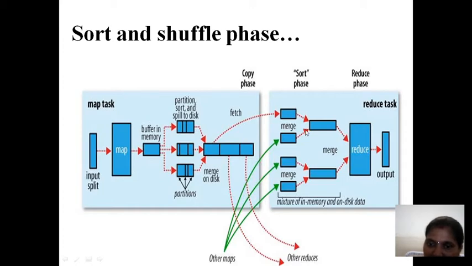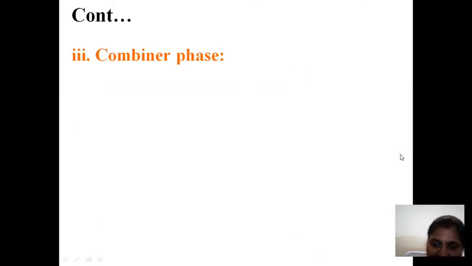All the values are stored, shuffled and merged here, then reduced. After merging, it is given as a single input to the reducer. We should not give splits like this because the reducer doesn't understand splits. We have to place all the data at one position and feed it to the reducer. Then this reducer will give the output, which is stored in the HDFS.